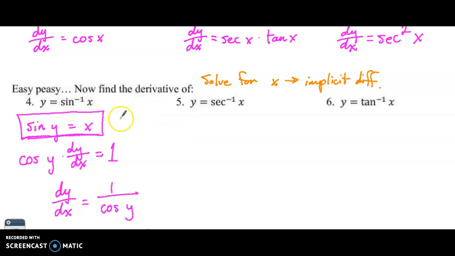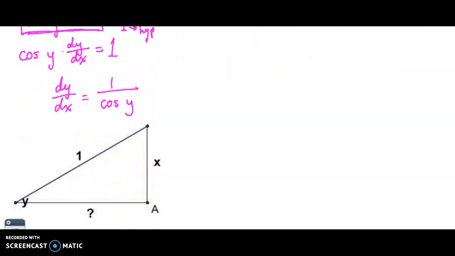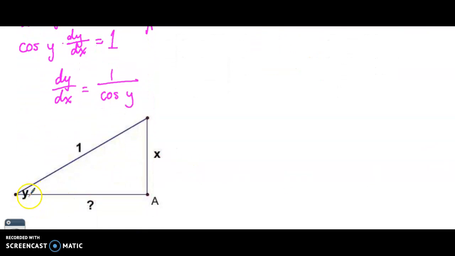Because remember, sine is defined as opposite over hypotenuse. So as far as an angle goes, x is the opposite, and 1 would be the hypotenuse, which is why I have this triangle drawn down here, where I have angle y. This is supposed to be a right triangle. x is the opposite, 1 is the hypotenuse.